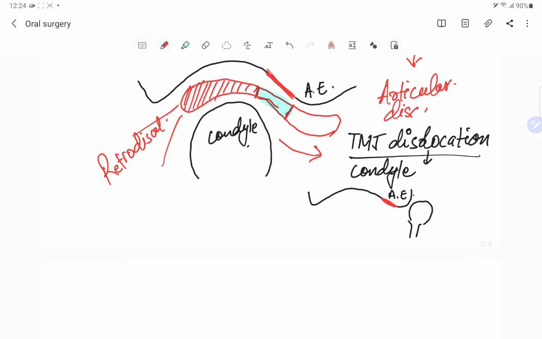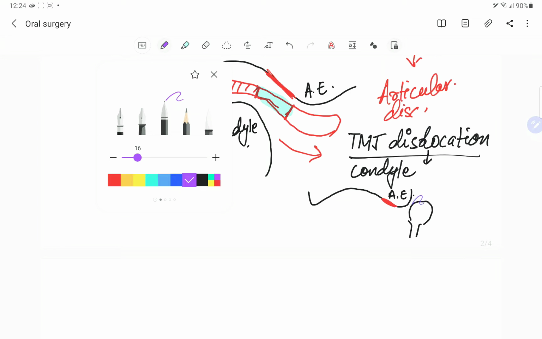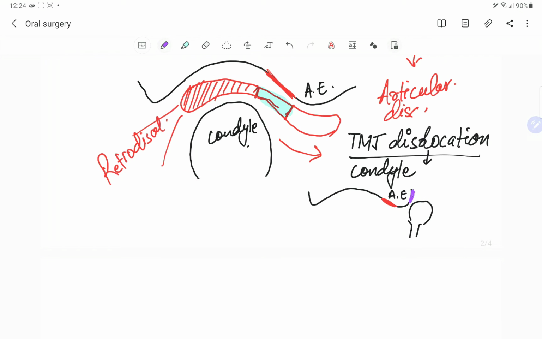But when it has gone beyond the posterior slope, it gets locked at the anterior slope of the articular eminence, which is exactly this position, basically the preglenoid region, and this condyle cannot go back because it gets stuck in the articular eminence. So, this particular situation is the TMJ dislocation.